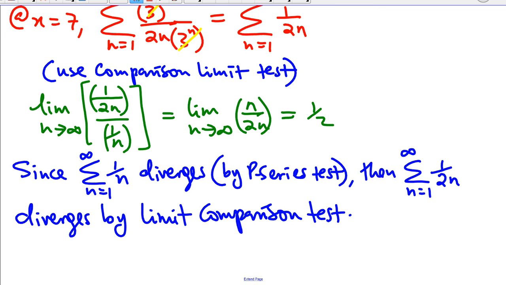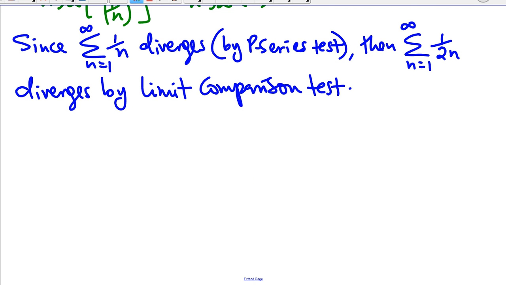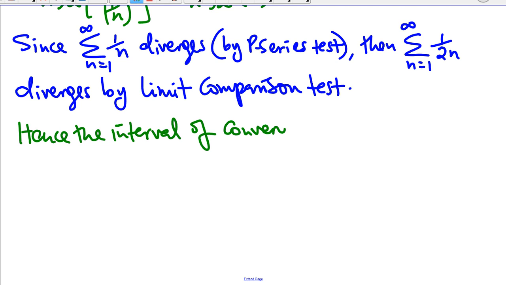It means that one of our points is inclusive, another point is not inclusive. Hence, the interval of convergence will be from -1, including -1, to 7, excluding 7. Right?